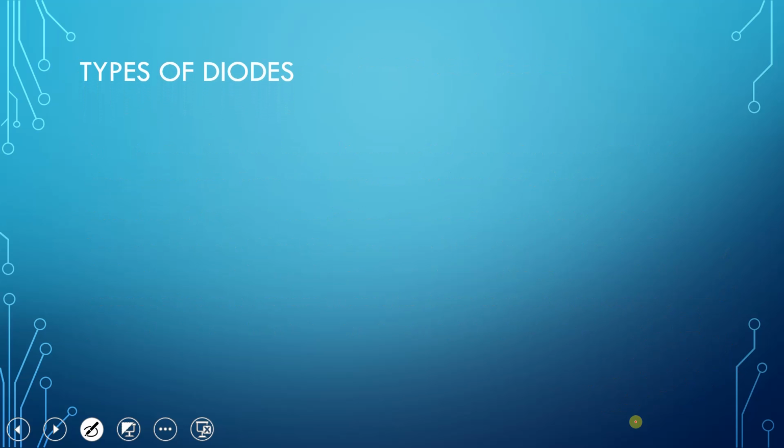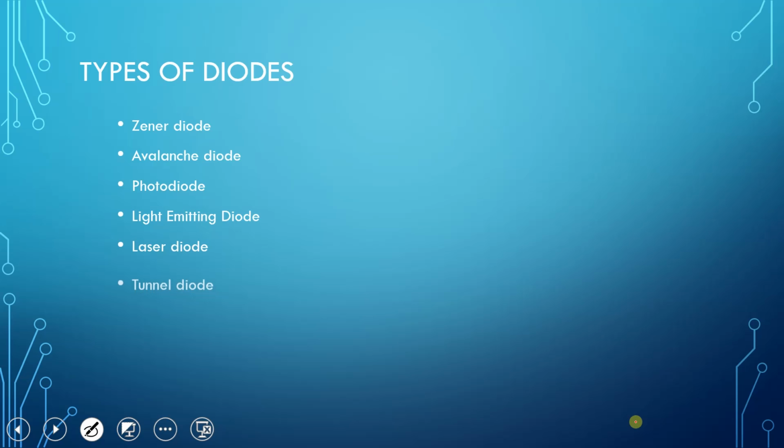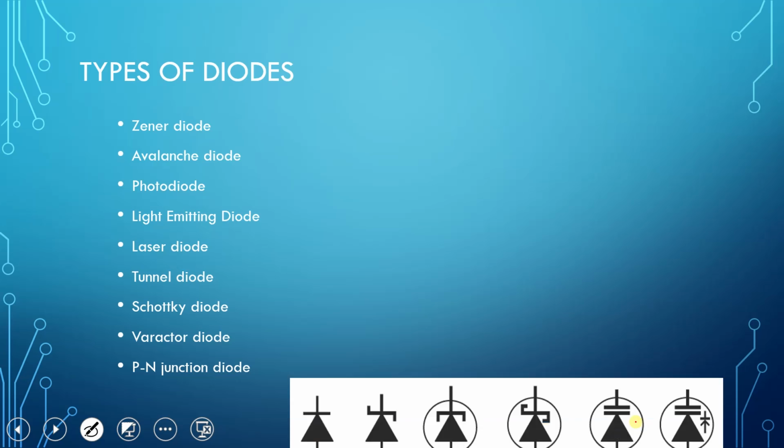So next is different types of diodes. We are having Zener diode, avalanche diode, photodiode, light emitting diode, laser diode, tunnel diode, Schottky diode, then varactor diode, and PN junction diode. Last one is our basic diode, which we are discussing.